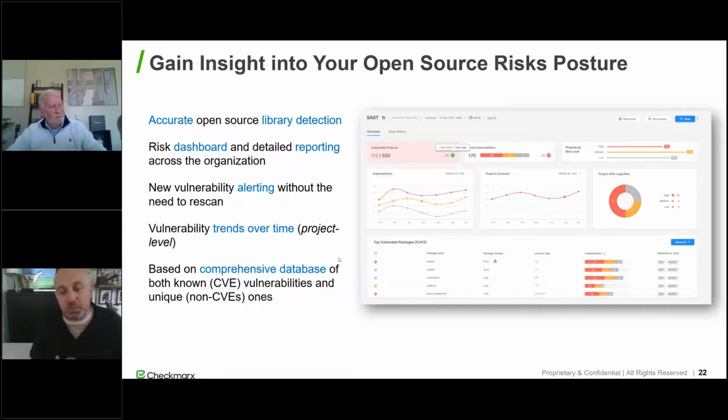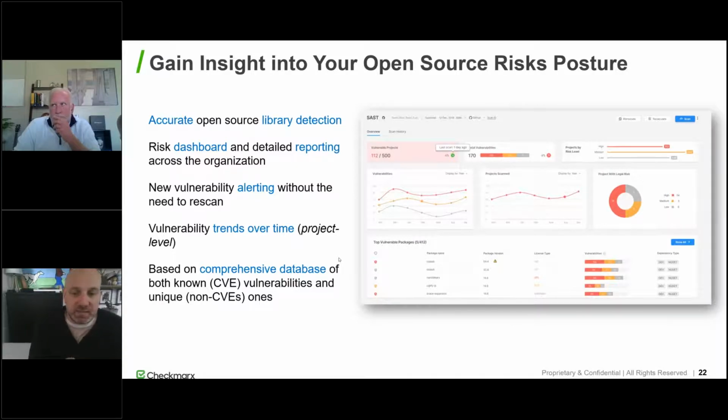From an enterprise mentality, you might have thousands of repos and thousands of projects. So you want a very well formed dashboard that shows you the vulnerabilities in projects, and maybe even projects that are specific to different packages.